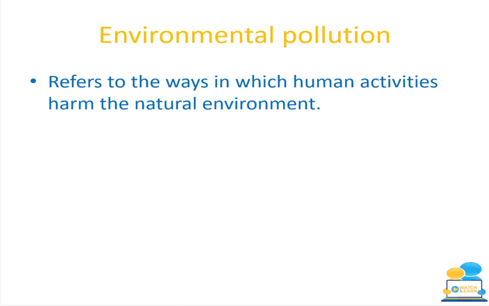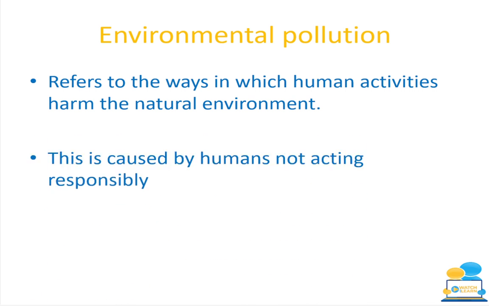Environmental pollution. So this refers to any way in which us humans are carrying out activities which are going to harm the natural environment. So it could be something as simple as going to a cafe, getting a hot chocolate and instead of putting the lid and the cup in the bin and recycling it, you just throw it on the ground.